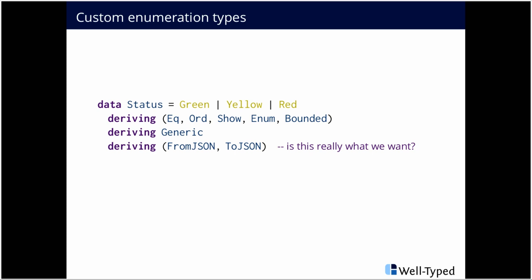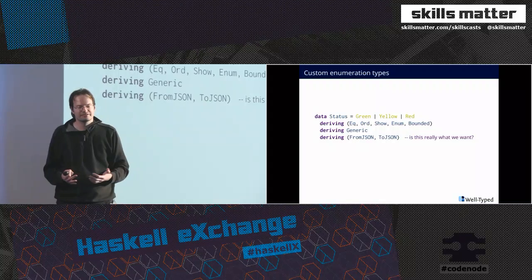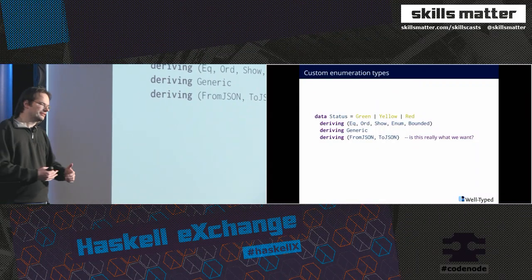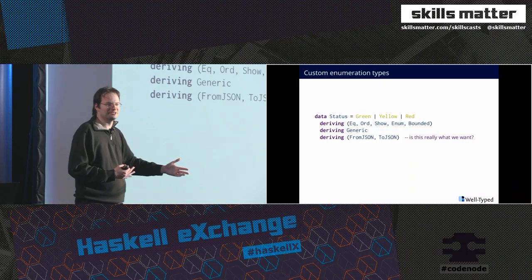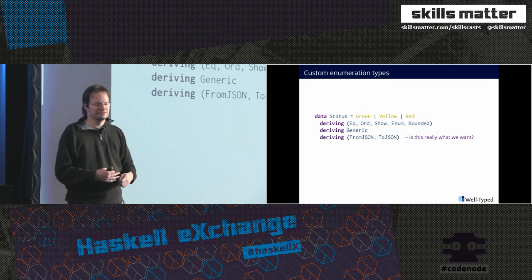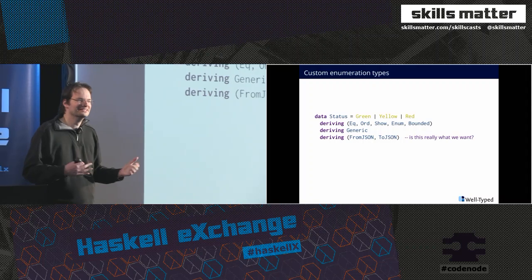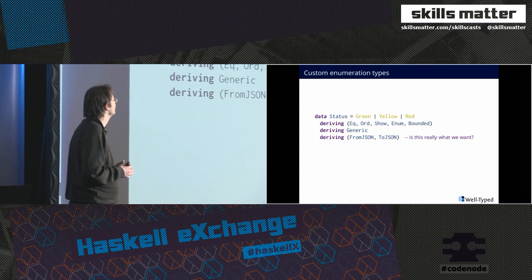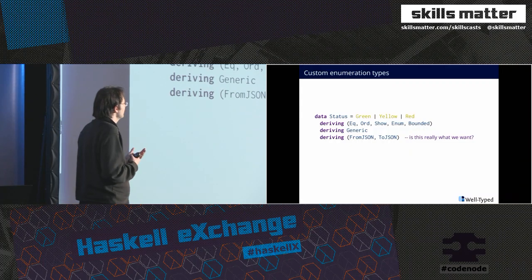So if we turn the status Green to JSON, we'll get a JSON string that contains the capitalized word Green, right? But now, for example, this artifact that the constructor names are capitalized is a typical Haskell thing, and we might already have an existing JSON model somewhere that says, OK, green is just written G, or something like that, or corresponds to the number 0, or I don't know. And so we might want to have something different, right?